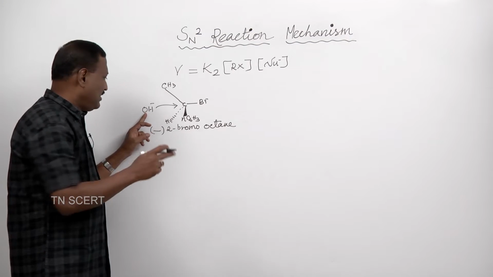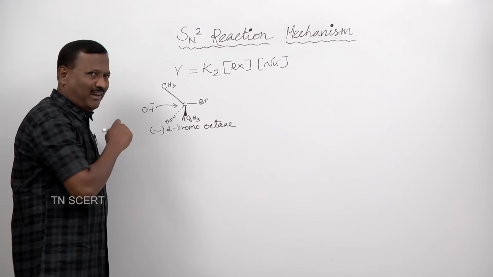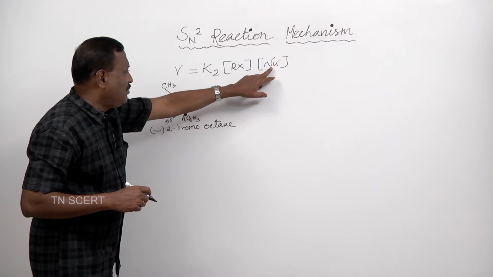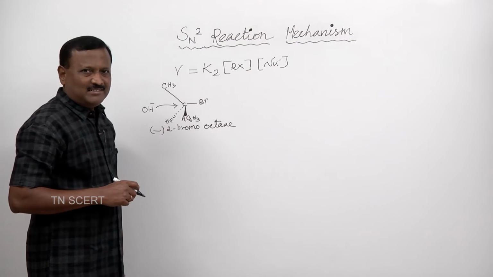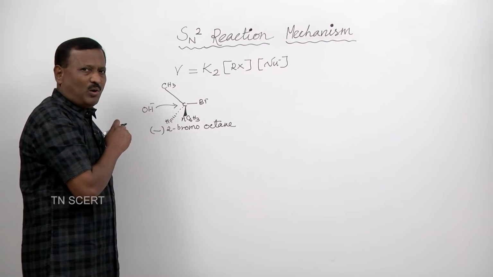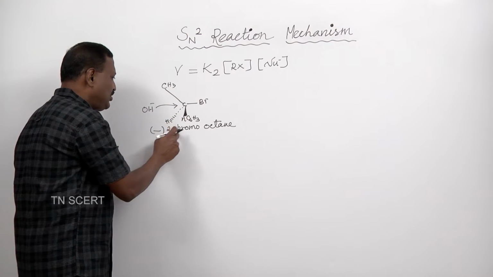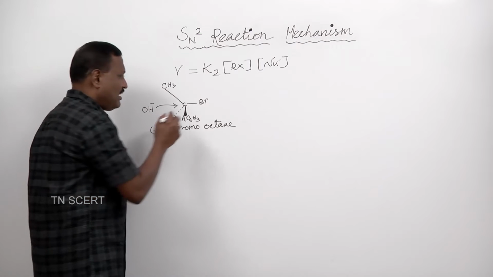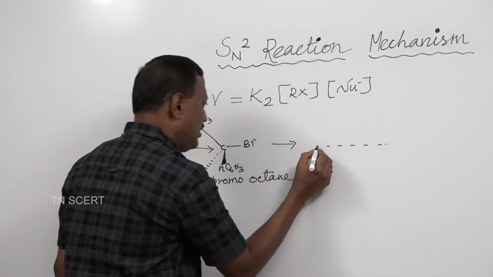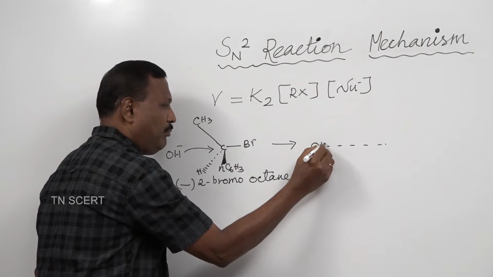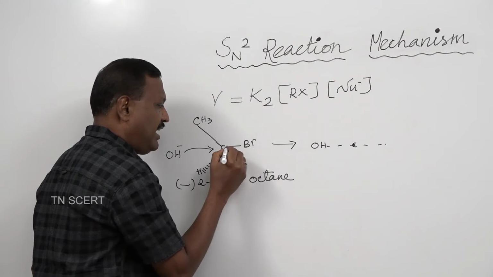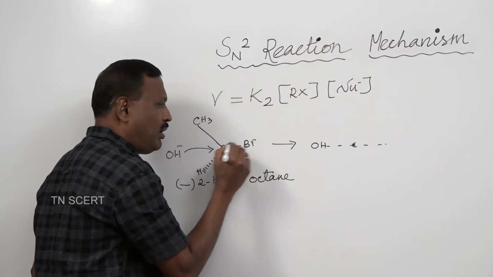As I told you, this negative group is nucleophile, previously I wrote that it is shortly represented by Nu minus. So, this negative group attacks the backside of this minus 2-bromo octane, and it makes partial bonding. How? Hydroxy makes a partial bond with this central carbon, and the partial bond is formed between bromo and carbon there.